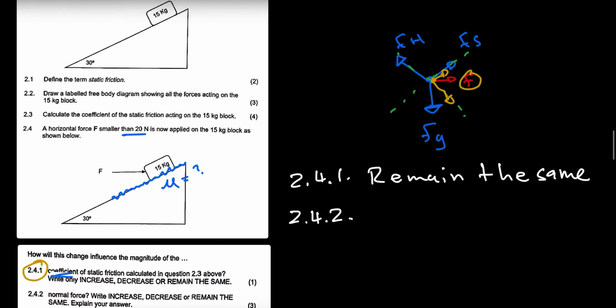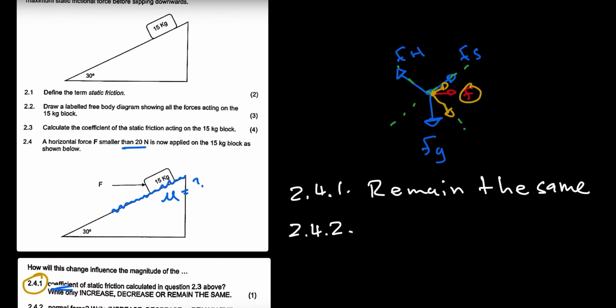So if we look at what we have, remember now the normal force, if we look at our component forces, remember the component forces of weight were Fg perpendicular and Fg parallel.